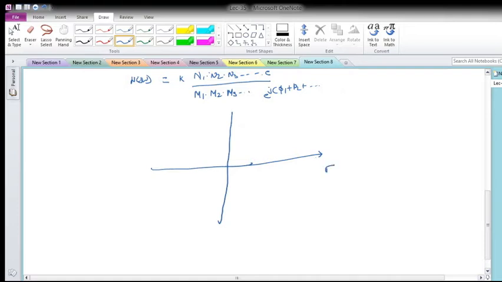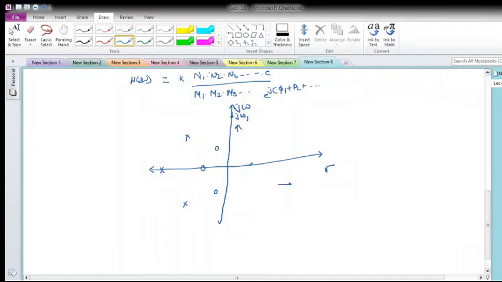Okay, this is sigma, this is the j omega axis. Okay, and suppose I have this zero, these poles, and this zero also somewhere here, for example. Okay, these many poles, fine. And suppose I take this point j omega 1 on the j omega axis.